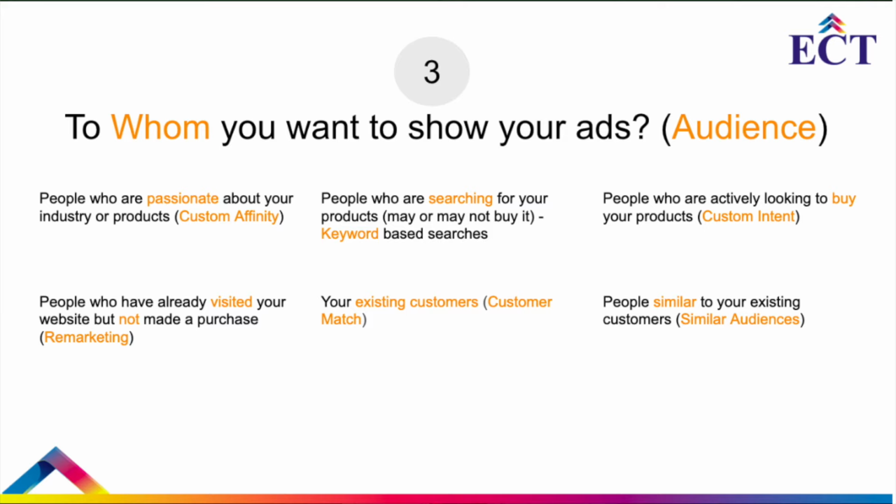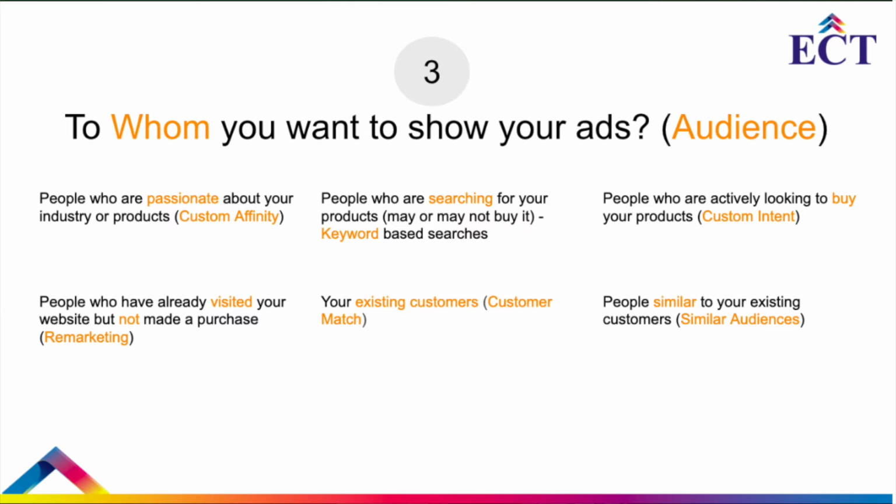And then finally, the sixth one is similar audiences. Now these are people who are quite similar to your existing customers. They share close traits or behavior to your existing customers, right? So you can again upload your customer data and tell Google to show my ads to people who are similar to my customers, right?